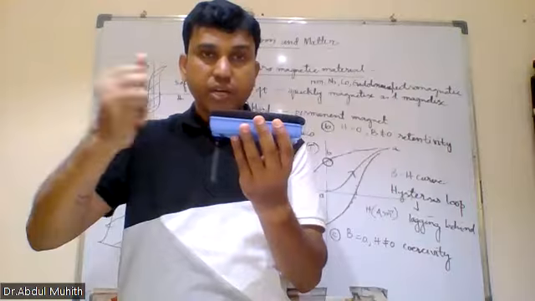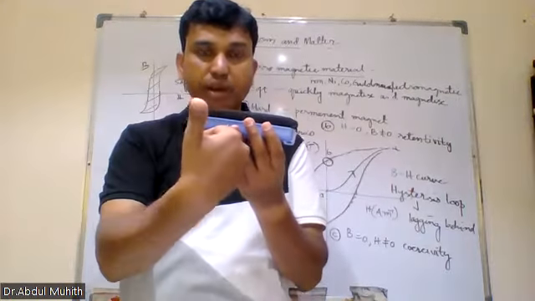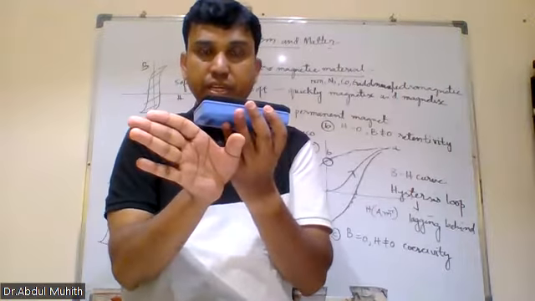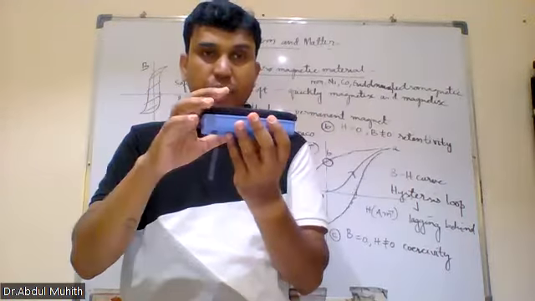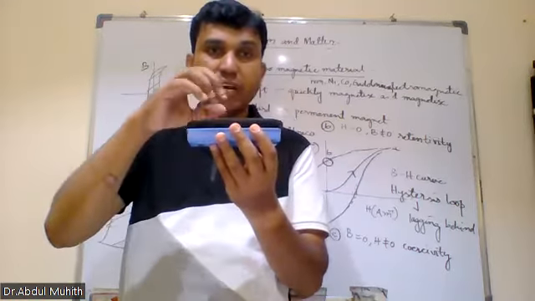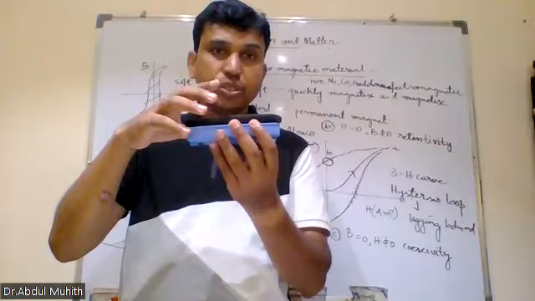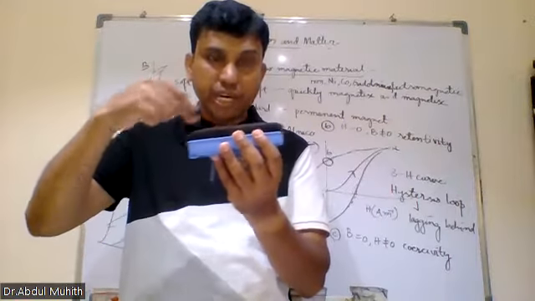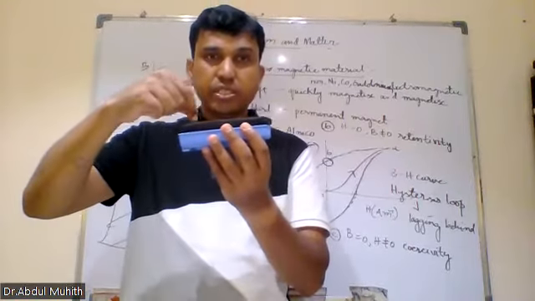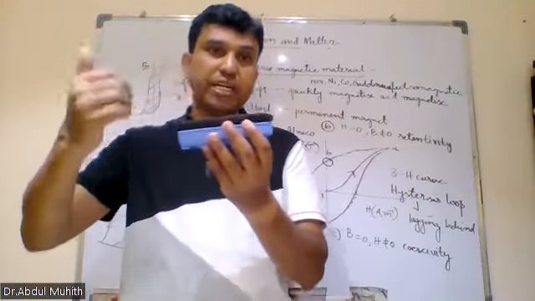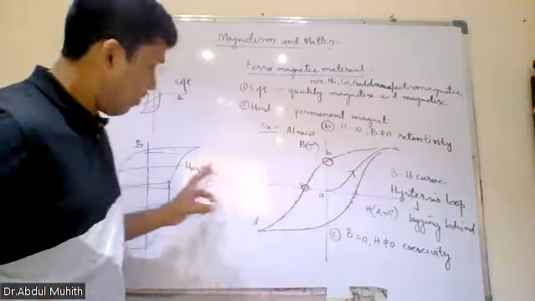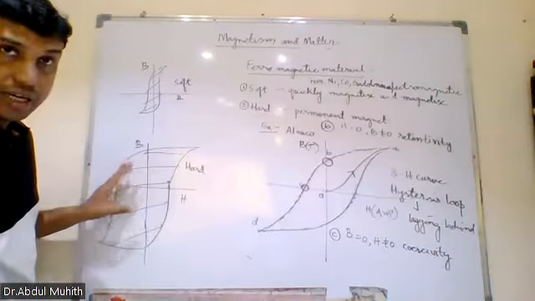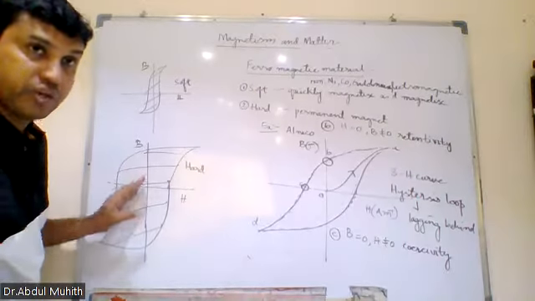Again we removed it, made it zero. The material becomes warm. Whatever energy is required to magnetize and demagnetize, if you calculate this area, it will give that energy. That energy is known as heat energy.